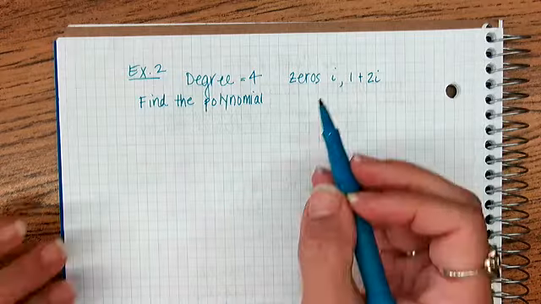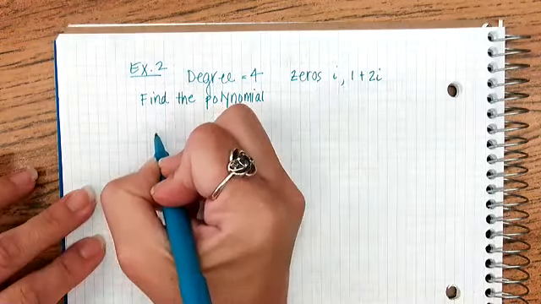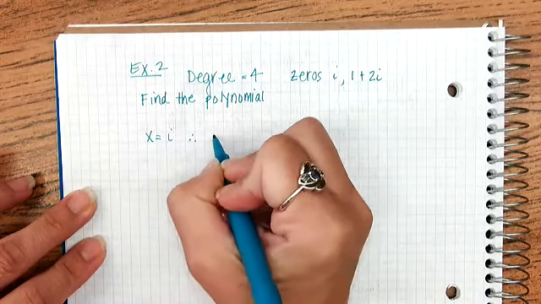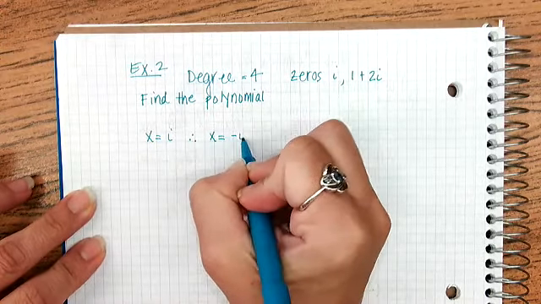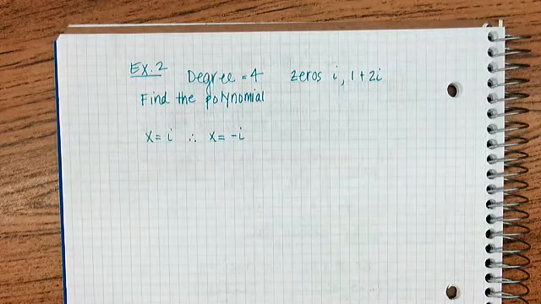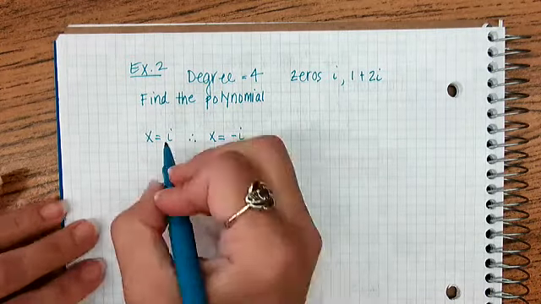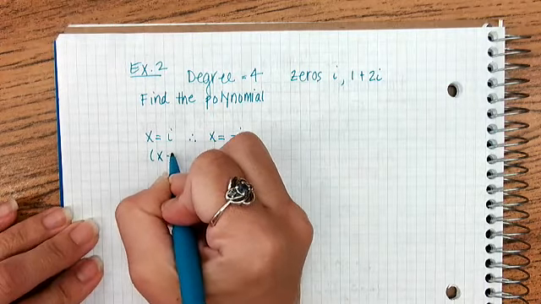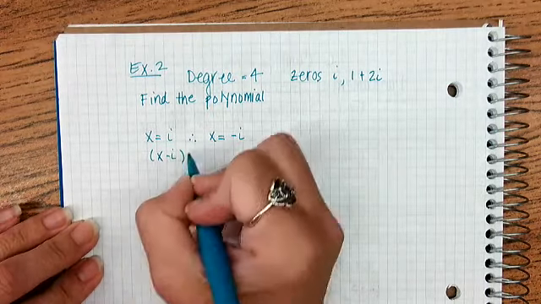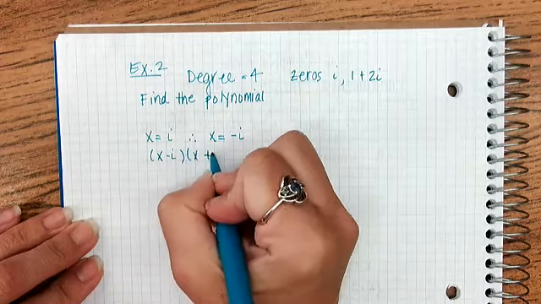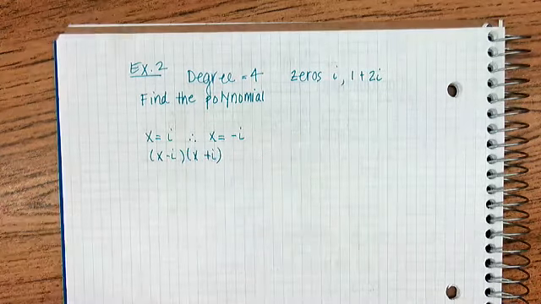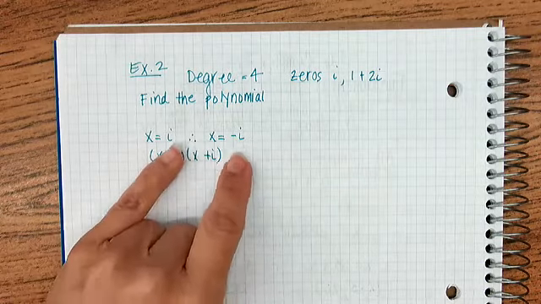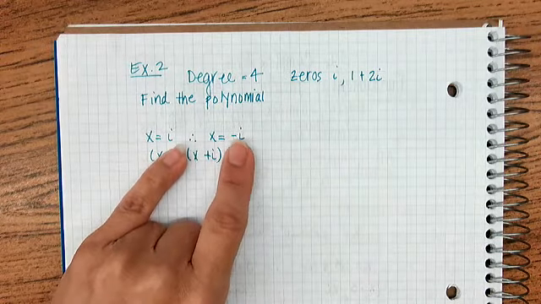All right, I'm going to start with the i. So if x is equal to i, therefore x is also equal to negative i. These are solutions. That becomes x minus i. That becomes x plus i. I don't do b over a, c over a when it's a monomial solution.